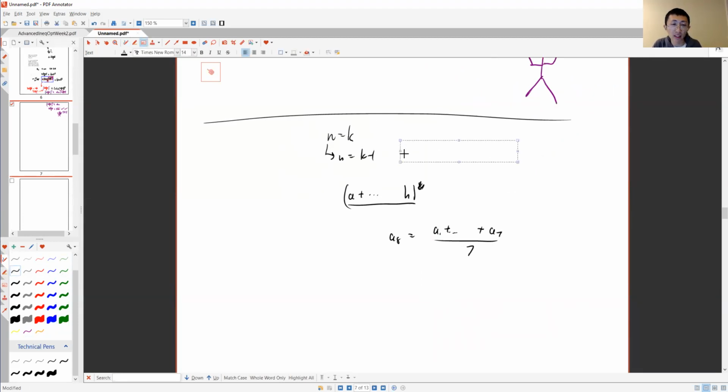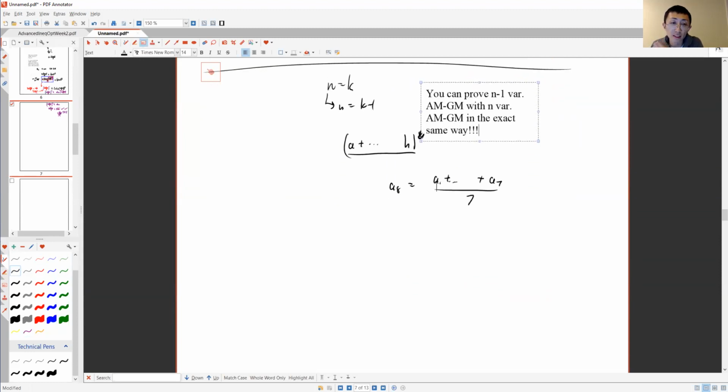but you can think about it as an exercise if you want to flesh it out and write out your own solution to this. So the idea is just you let the last variable equal the average of the first n minus 1 variables.